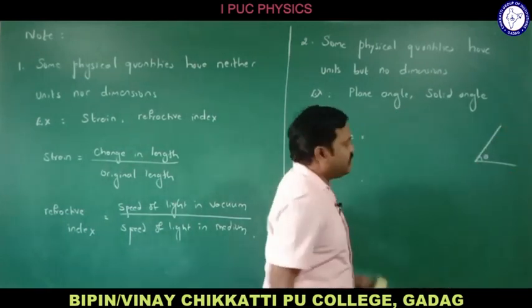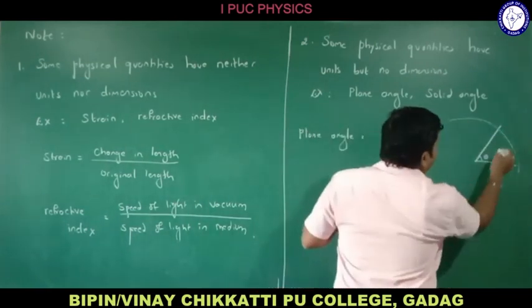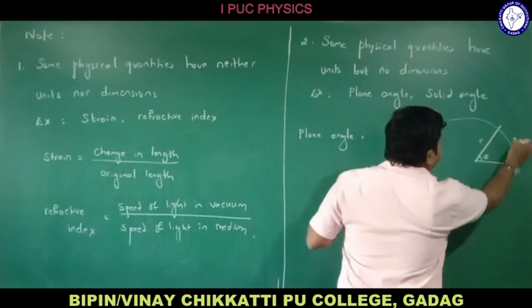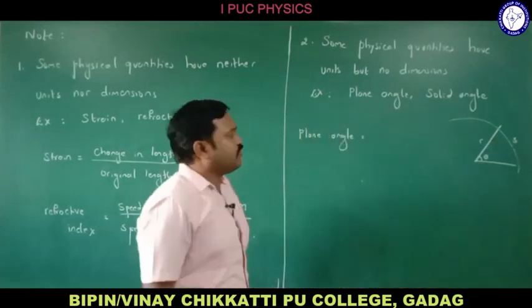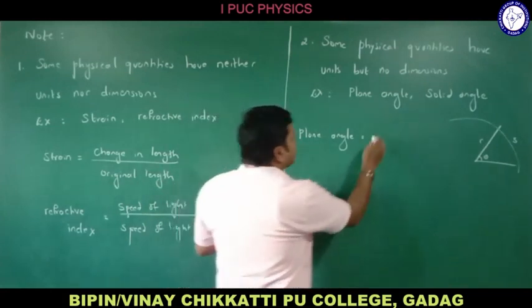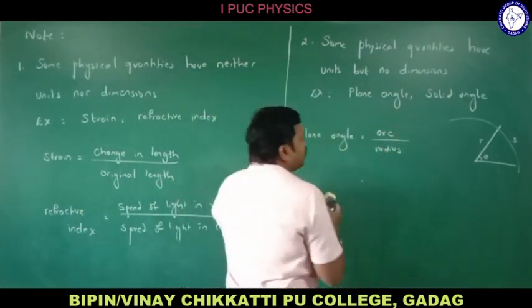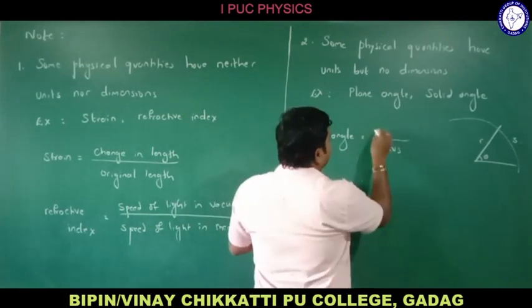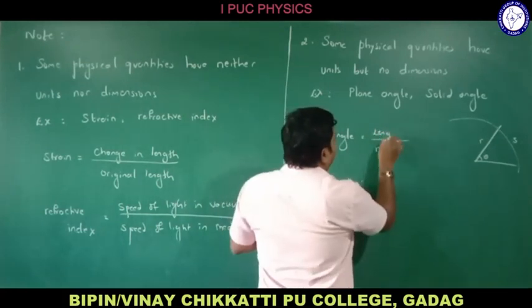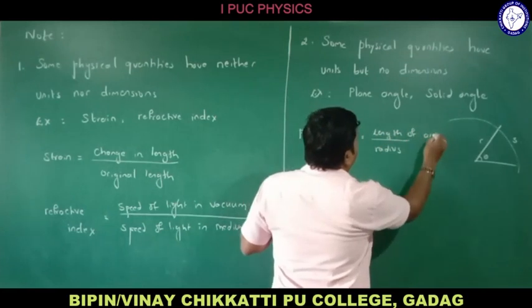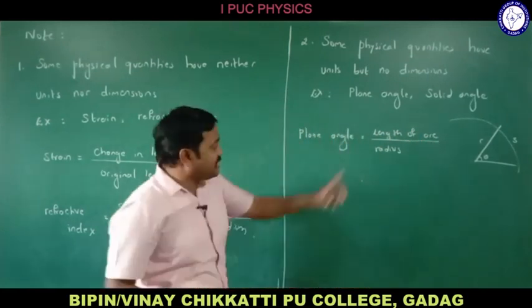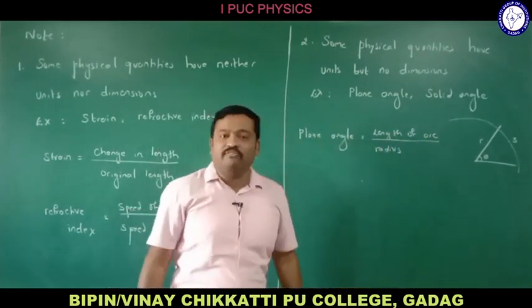If it is a circle, this is the radius and this is the arc. The formula for plane angle is length of arc divided by radius, r.